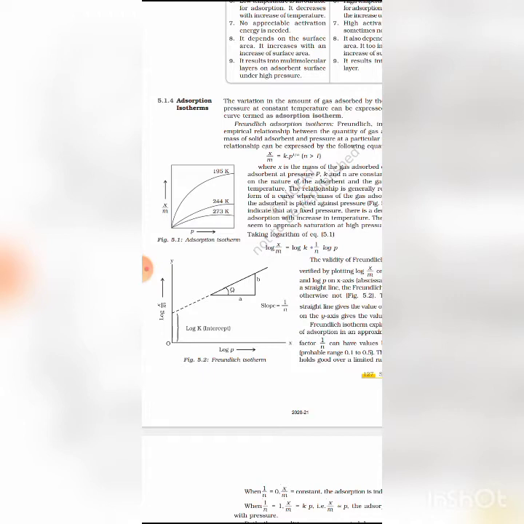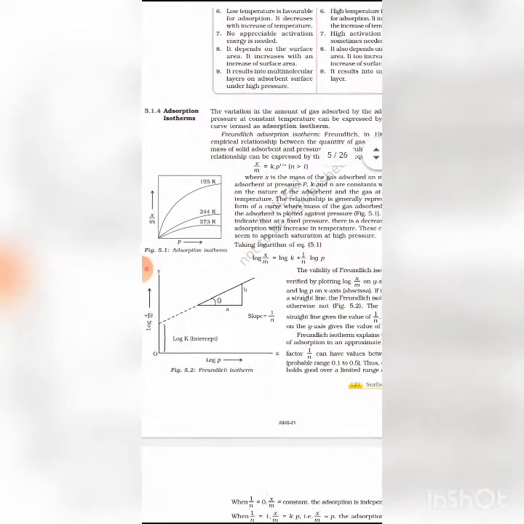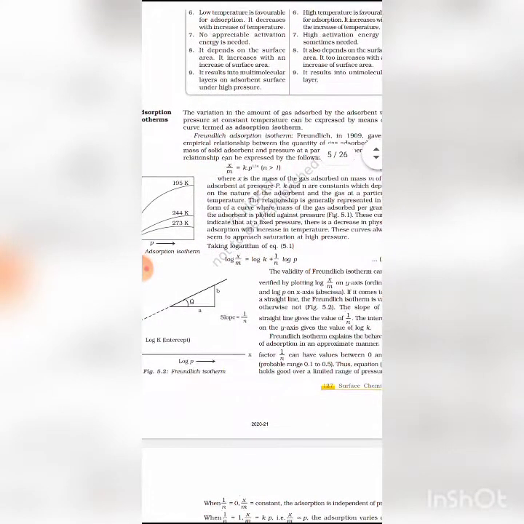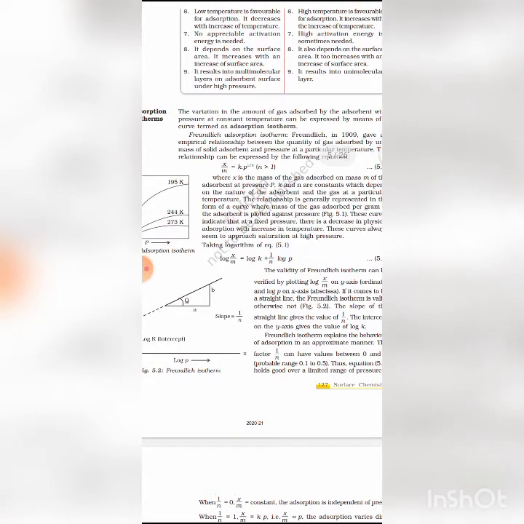When 1 by n equal to 1, then x by m equal to kp, and x by m is proportional to p. Adsorption varies directly as pressure. Both the above observations have been verified.